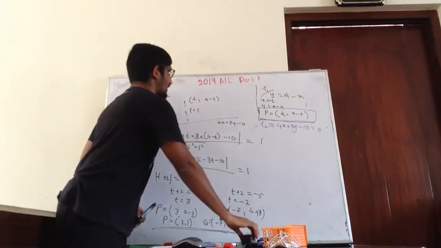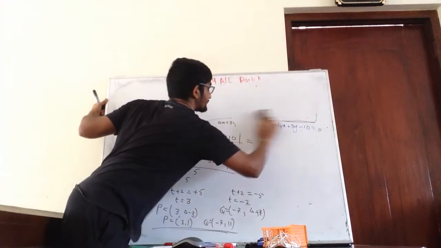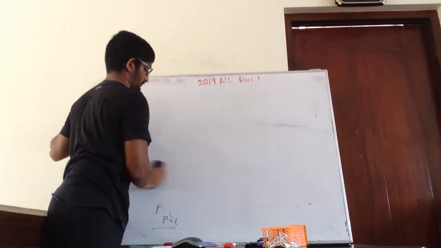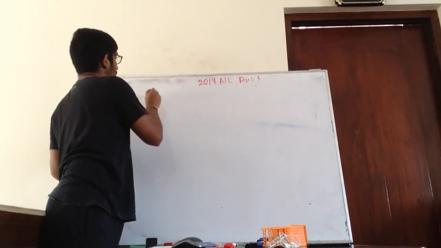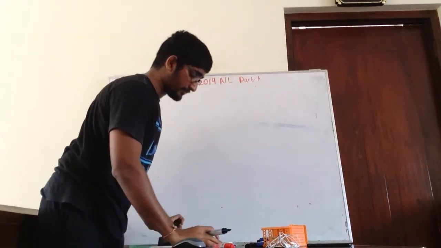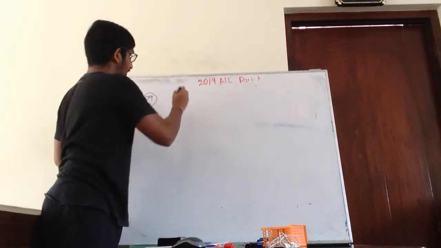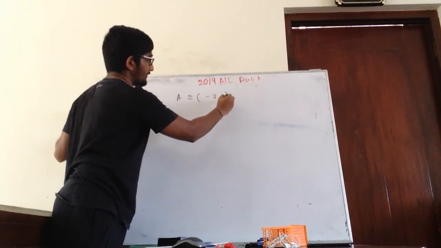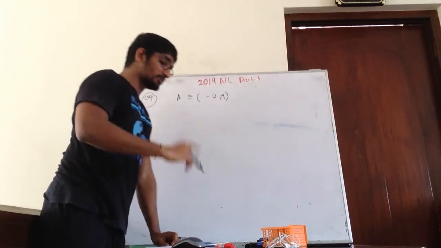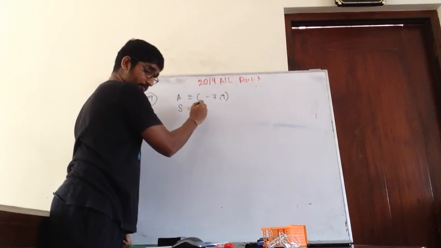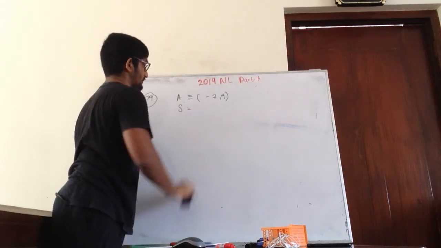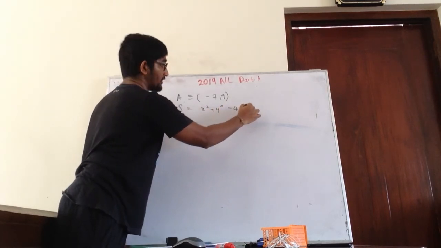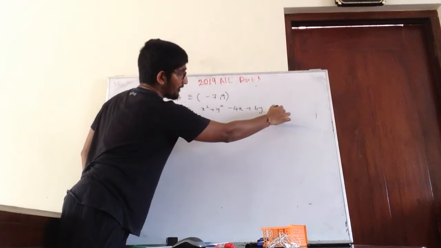Okay, question number 9. Question number 9 says, show that the point A, which is minus 7, 9, lies outside the circle x squared plus y squared minus 4x plus 6y minus 12 equals 0.